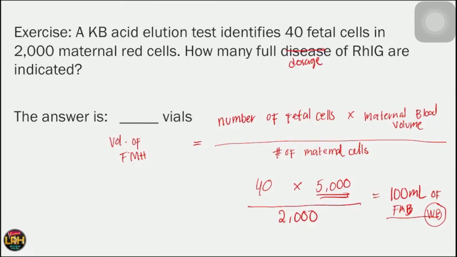We need 100 divided by 30. We have 3.33. Again, round down. So 3 vials plus 1 dosage, or 3 plus 1. So the answer for this is 4 vials.